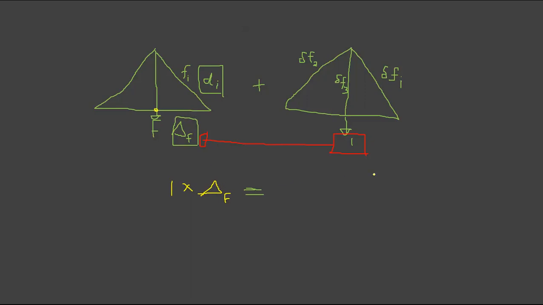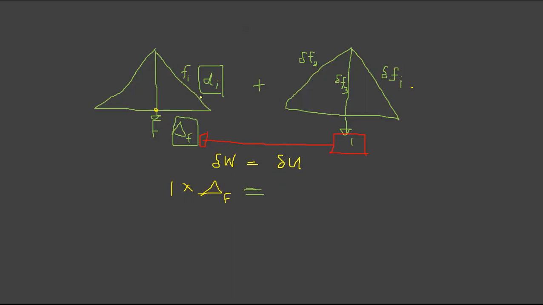So that will be equal to what? This is delta U, delta W. So this is the external work done, right? This is strain energy in each member, right?